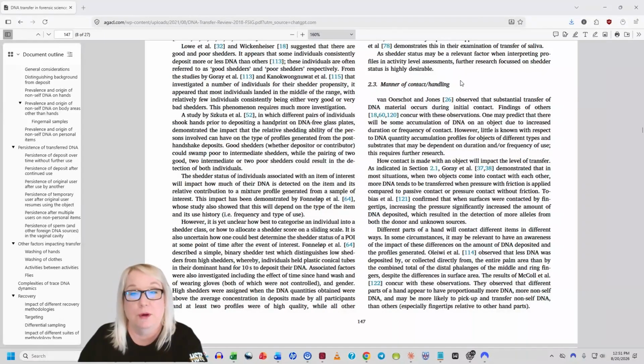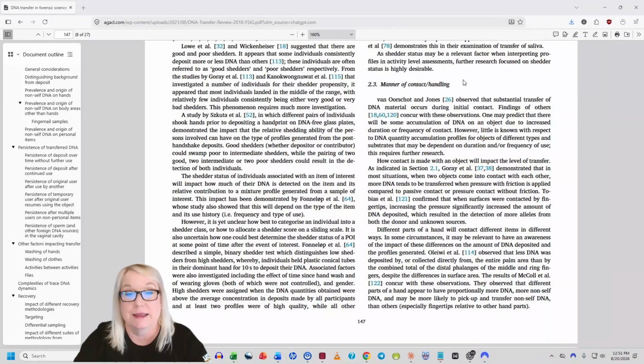Going back to 2.3, the manner of contact and handling. Van Oorschot and Jones observed that substantial transfer of DNA material occurs during initial contact, that's the initial contact of two items. Findings of others concur with these observations.